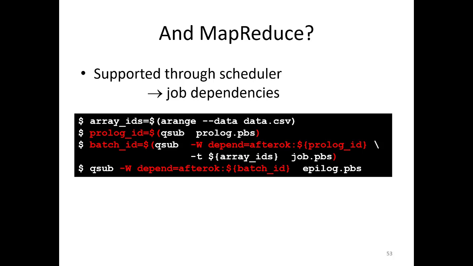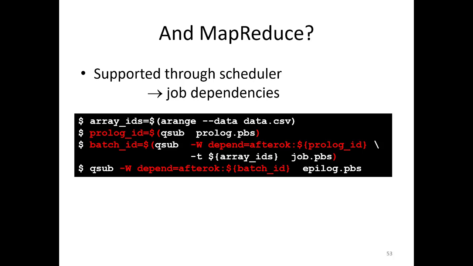Can you support MapReduce? Yes, indeed, but support is basically through the scheduler itself, based on job dependencies. So essentially the prologue has its own job, and you submit that first, and you assign the job ID to the environment variable prolog ID. Then you submit the batch job, the map part if you want, and this is done using qsub again, but with dependencies.